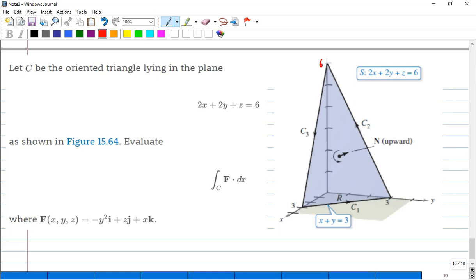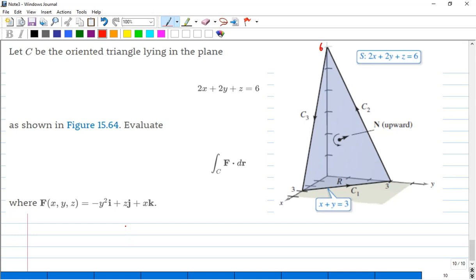So the first thing we have to do is find the curl of f. So what's the curl of f? Remember, i, j, k, partial derivative. I think I actually just gave you the formula, but if you look back in your notes, you'll see it. Then you put down your x component, your y component, and your z component.